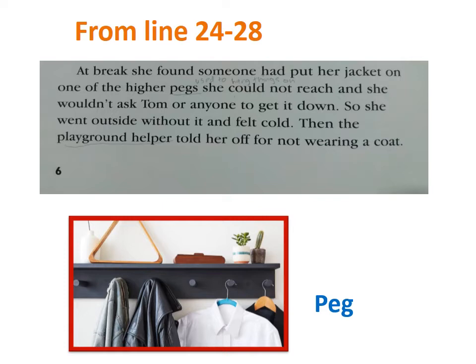So she is very small, so she can't reach that one, and she didn't ask for help from Tom or anyone else. She went to the playground without the jacket, and she felt very cold in the playground. Then the playground helper came and told her off for not wearing a coat.